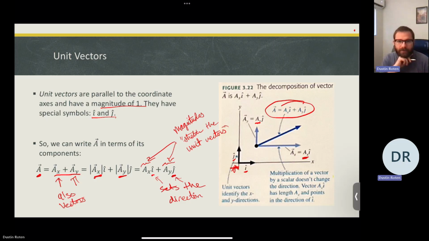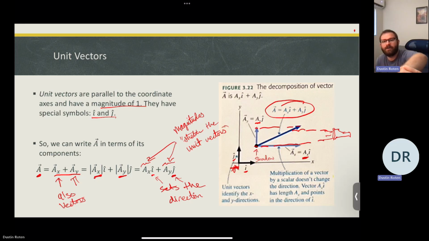And the way I like to think about these vectors is they're sort of like projections. So if you had a flashlight here, and it was shining light onto the problem, these vectors would essentially be the shadows.